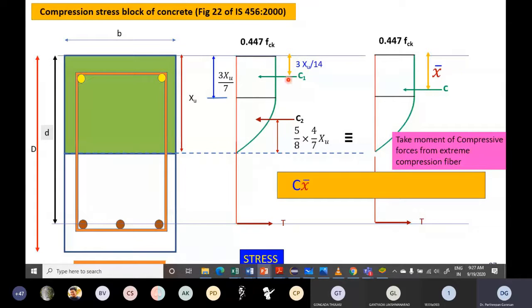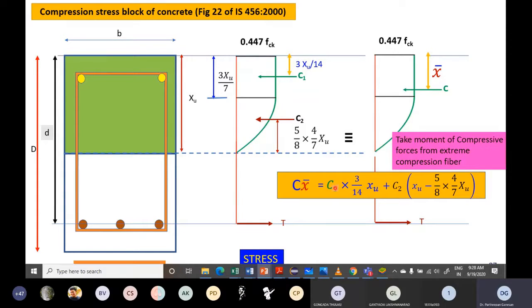The sum of these moments should be equal to the moment of C. So C into x bar will be equal to C1 into 3/14 xu, because that is the perpendicular distance for C1, plus C2 into its distance, which is the total height xu minus 4/7 xu.